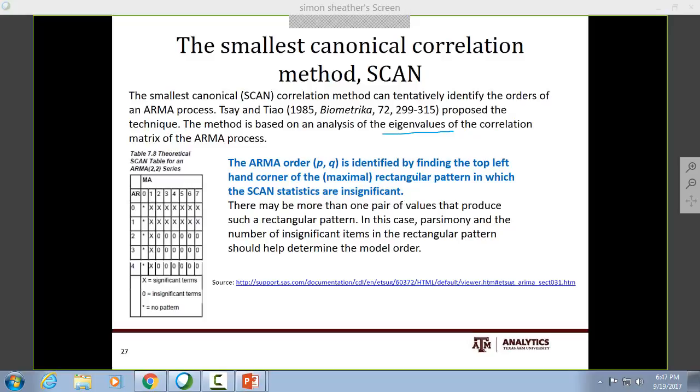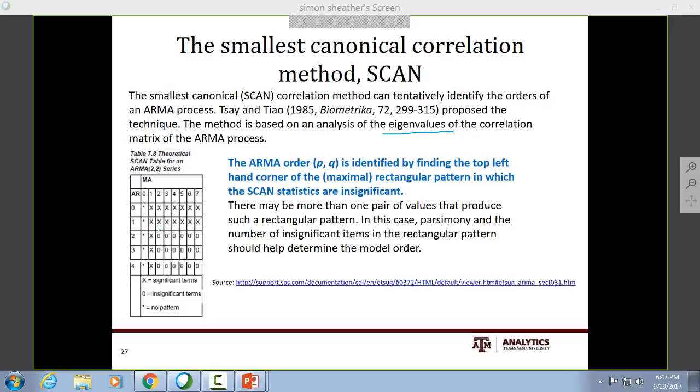I'm not going to show you anything more. I've got the reference there because the mathematics of this is PhD level math stuff. But the great news is how to use this in practice. Unlike the ESACF, which I can explain in general to you, the scan statistic I can't. It's too complicated. But its use is even easier than ESACF.